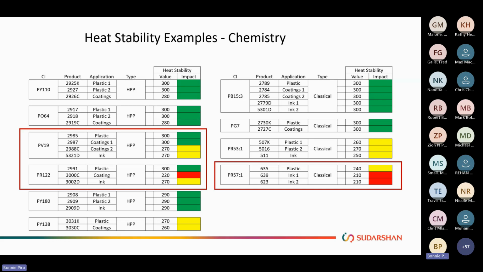It really does detract from the heat stability for that particular product. And then on the classical side, although classical azo pigments tend to always have lower heat stability, we start to see some fall off of the heat stability by the choice of finishing techniques in that color index as well.